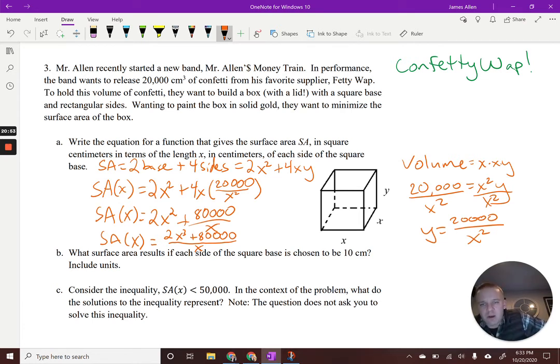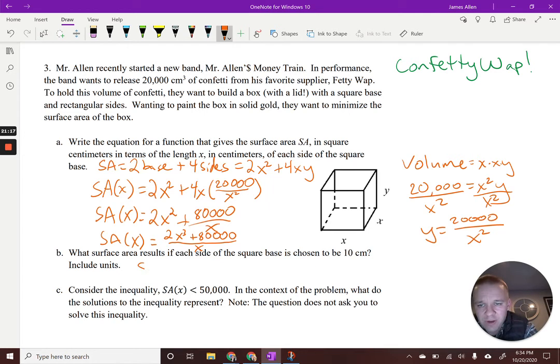Let's keep going. What surface area results if each side of the square base is chosen to be 10 centimeters? Well, you could go back to the drawing board here and do 10, 10, and then I got to figure out what y is. Well, we just made a fantastic function here, the surface area function.